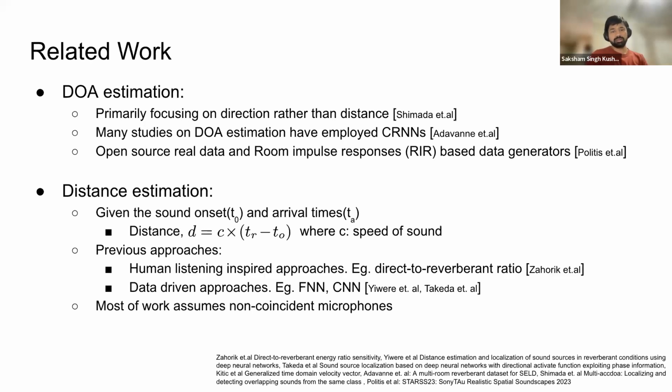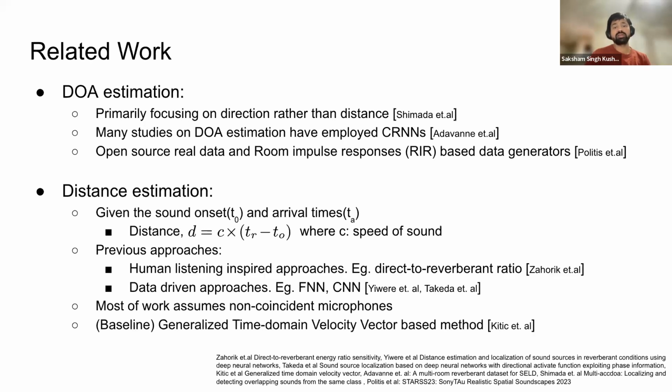For our natural distance estimation setting, we could only find one baseline that uses generalized time domain velocity vector-based representation to estimate distance, which basically uses temporal relations between sound sources wall reflections to infer the delay of propagating signal.